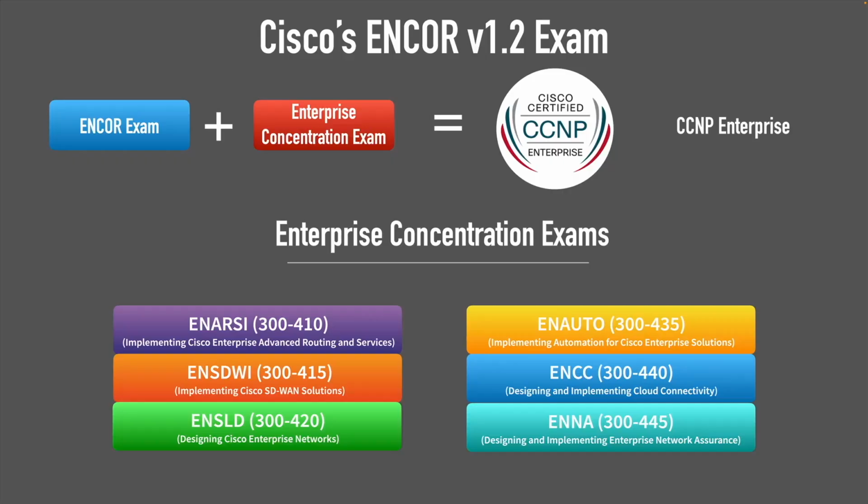One of the original and still most popular Enterprise Concentration exams is exam 300-410. That's Implementing Cisco Enterprise Advanced Routing and Services. Oftentimes we refer to that as the Advanced Routing Exam, or ENARSI. You could also choose to go deeper into some of the other topics that we're going to be covering in this course, like SD-WAN, enterprise network design, automation, cloud, network assurance.